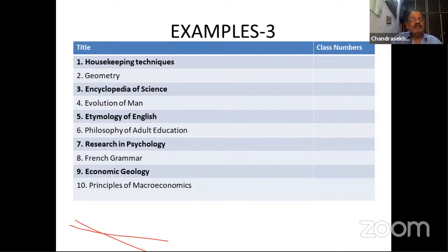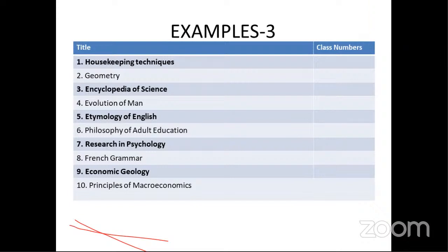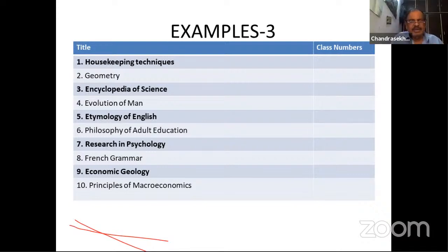If you give 500.03, 5 digits are there. Instead of 5 digits, Dewey cut it short. Since it is possible, he has done 503. So that's why in schedules, again, you have to check.